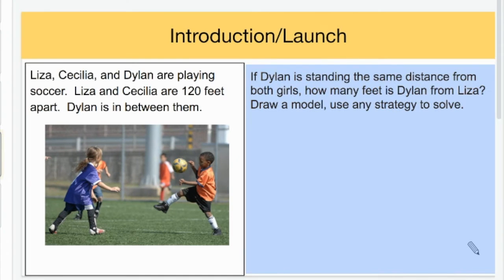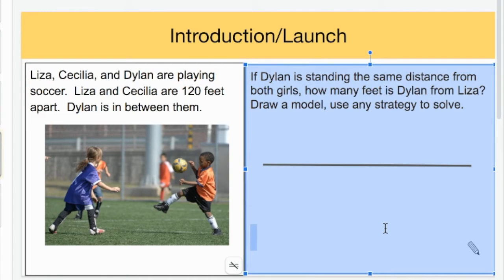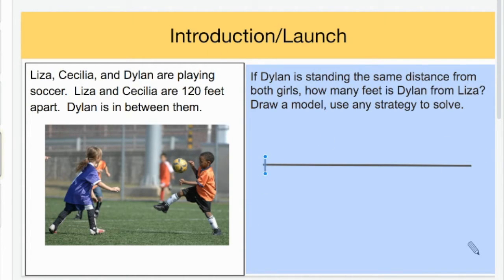The first thing I'm going to do is go to the top and insert a line here. This is going to be the start of our number line. And I'm going to make this line a little bit thicker. Now, I'm going to make additional lines on this number line going down. But we know that the number line is 120 feet long.